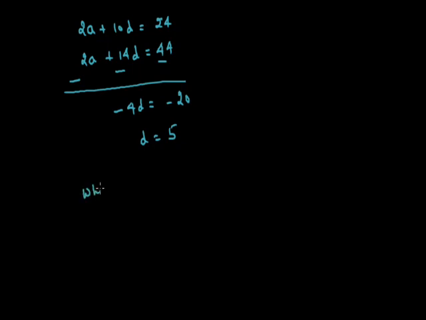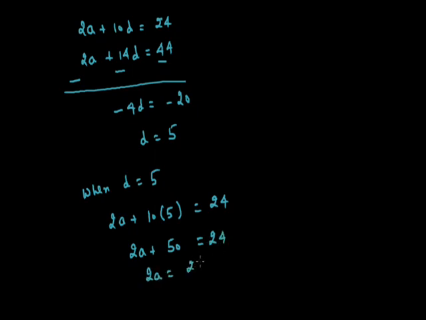Now when d equal to 5, 2a plus 10d equal to 24. So 2a plus 50 equal to 24. So 2a equal to 24 minus 50. This equal to minus 26.